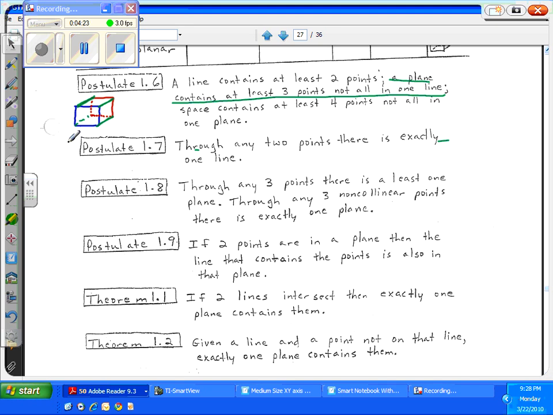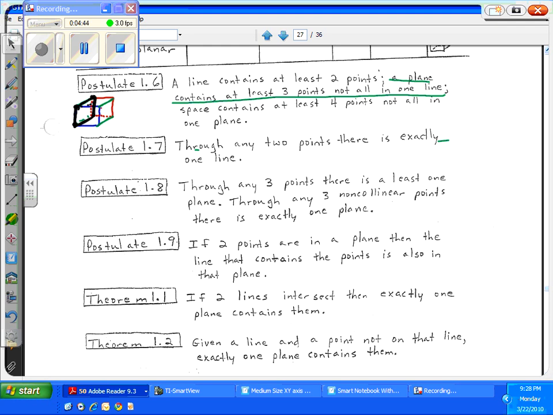If we took these 3 points, not all in the same line, the only plane that will hit all 3 is that left face, you see.